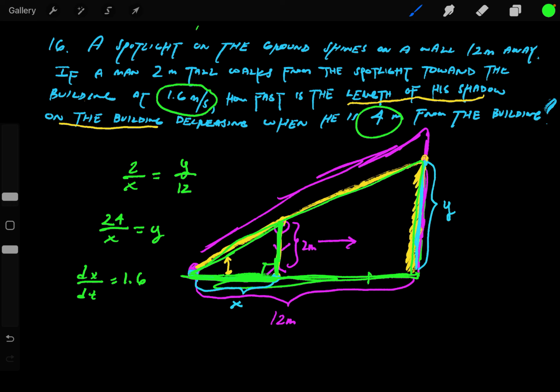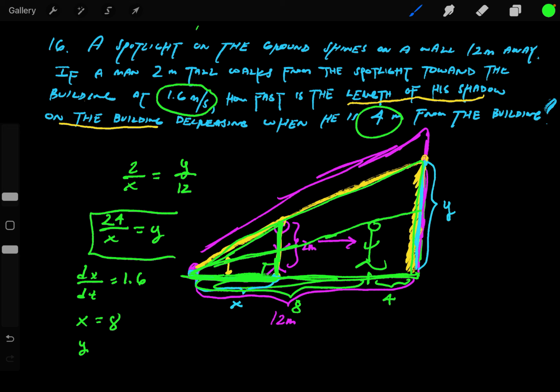So when he's 4 meters from the building, this X length is going to be 8. If the X length is 8, we need to know what Y is right away. We have a relationship relating these things. So 24 over 8 is 3, so I have Y as 3.